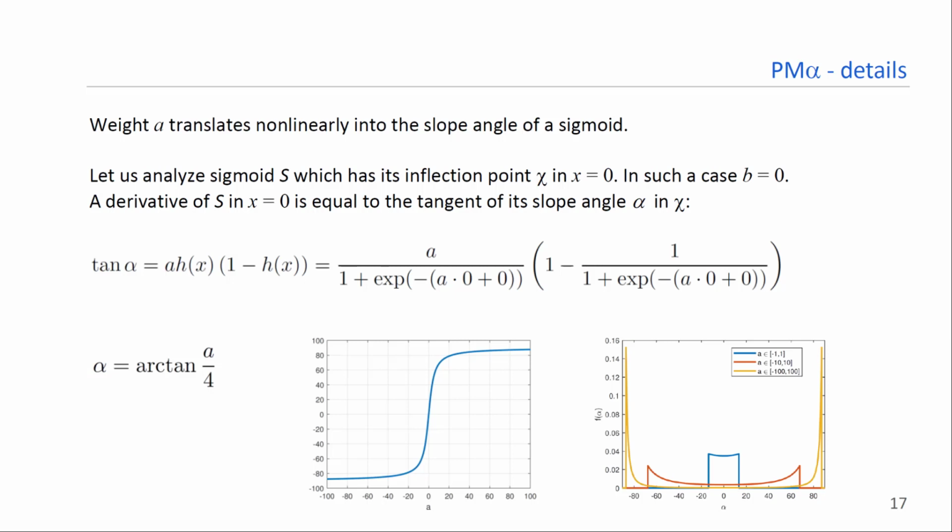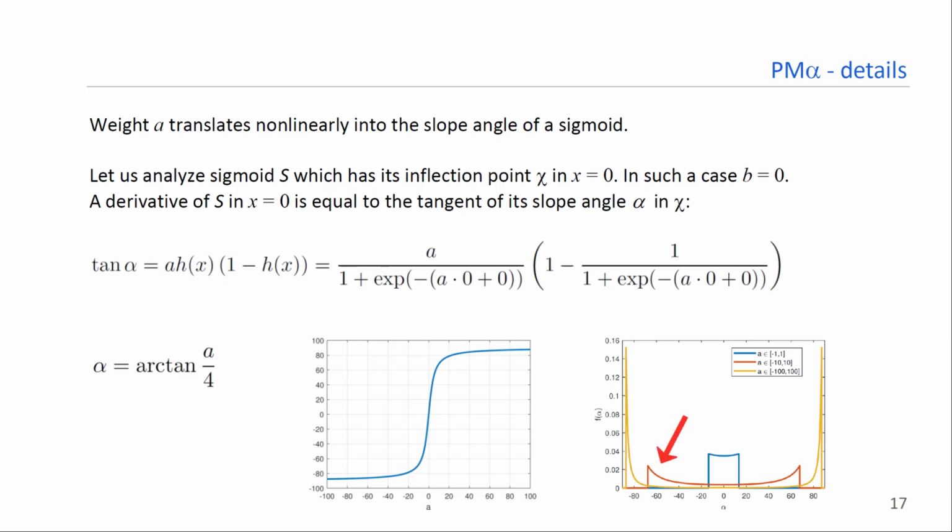This relationship is depicted in the figure as well as the PDF of alpha when weights A are generated from different intervals. Note that the relationship between A and alpha is highly nonlinear. Interval -1, 1 for A corresponds to the interval -14, 14 for alpha, so only flat sigmoids are obtainable in such a case.